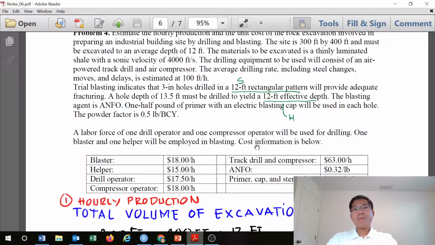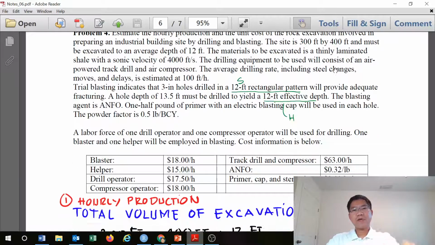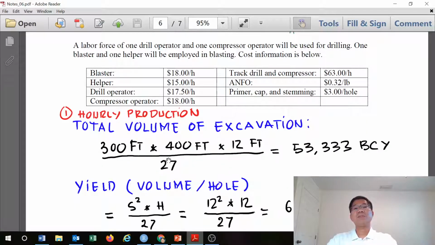Total volume of excavation: they give us the area 300 by 400 and excavate to 12 feet. So that is the total volume of excavation. Width times length times the depth, divided by 27, because 1 cubic yard is 27 cubic feet. So we have 53,333 bank cubic yards, because that is at the original natural condition, that is BCY.